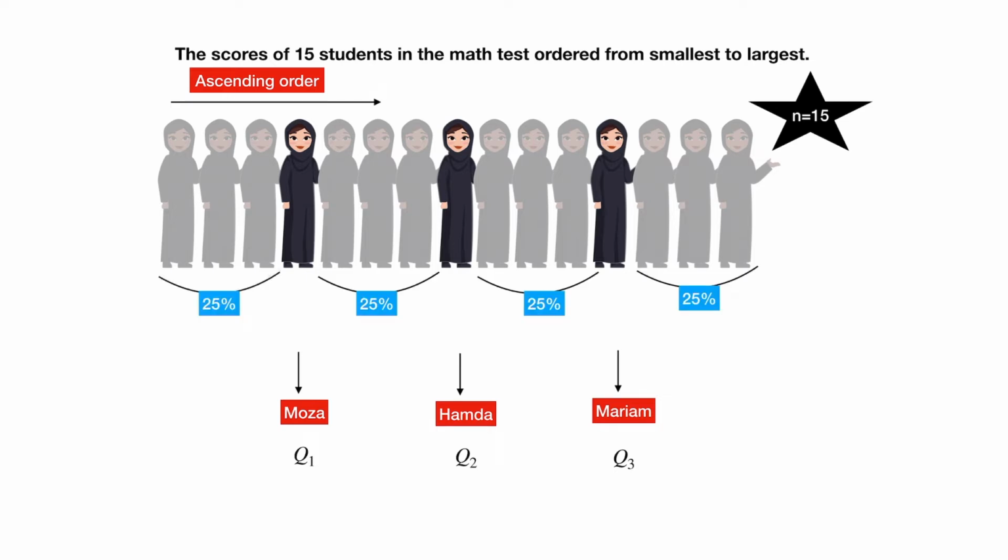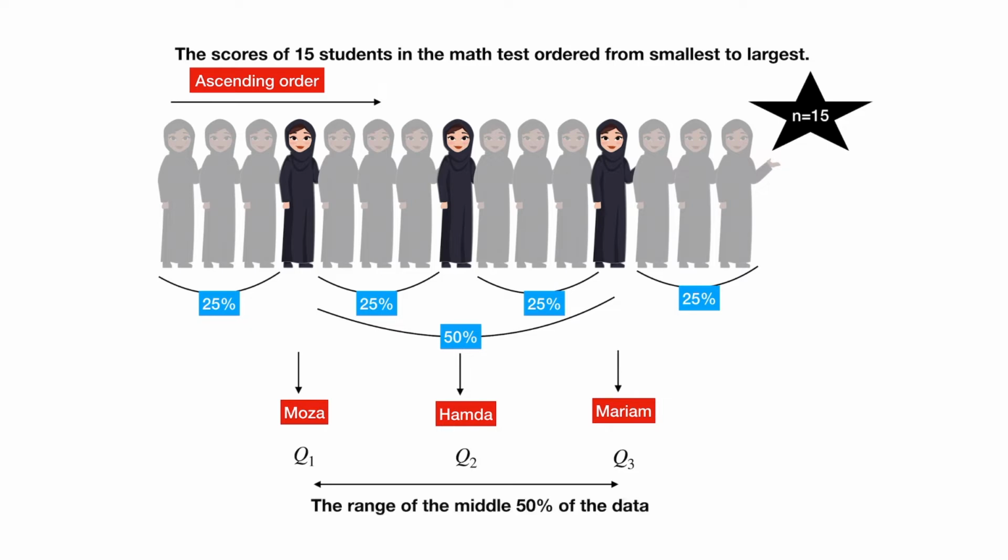The percentage of scores between Moza and Maryam is 50%. In other words, there are 50% of the scores between Q1 and Q3. We can call the values between Q1 and Q3 the middle 50% of the dataset.